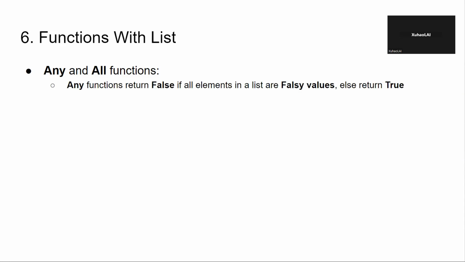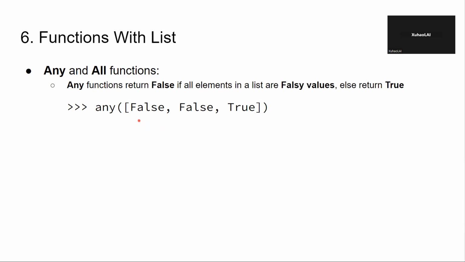The any function returns false if all elements in the list are false values, or else you return true. Any means that I want to find anything that is true. So once I get something, like I have a bunch of stuff and one of them is true, then I return true. So the any and all functions return a Boolean value.